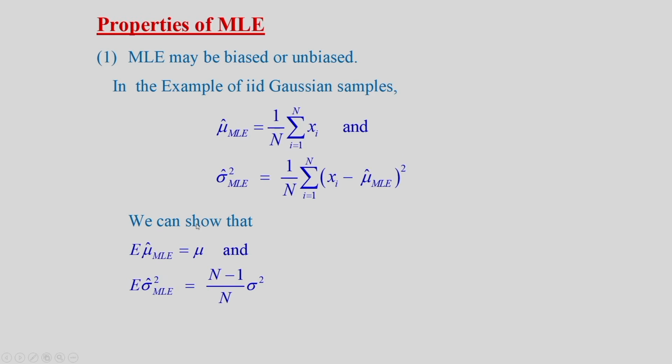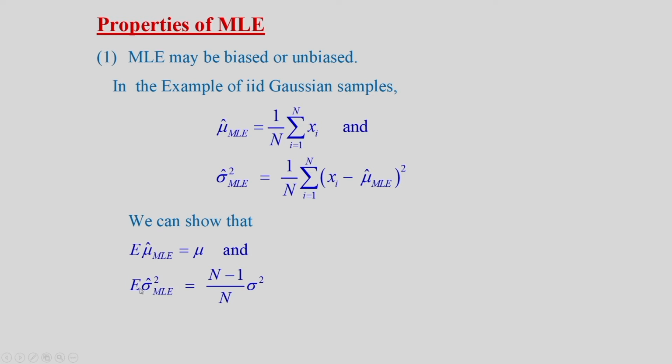If I take the expected value, I have to take the expected value of each xi, and the xi's are IID, so each will have the same mean. Therefore, we can show that the expected value of mu hat MLE is equal to mu, the true parameter. So mu hat MLE is an unbiased estimator.